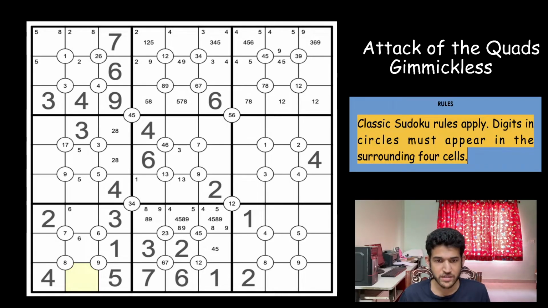So it's 3, 8 or a 9. 3 is ruled out, so it's 8 and 9. And this would be 3, 8 and 9 for the row. That means 3 must be in one of these two cells. And you also have a 3 in this quad, so 3 goes in here. And because of this 3, you get a 3 here. Look at this cell. This has only two possibilities, 6 or a 9.